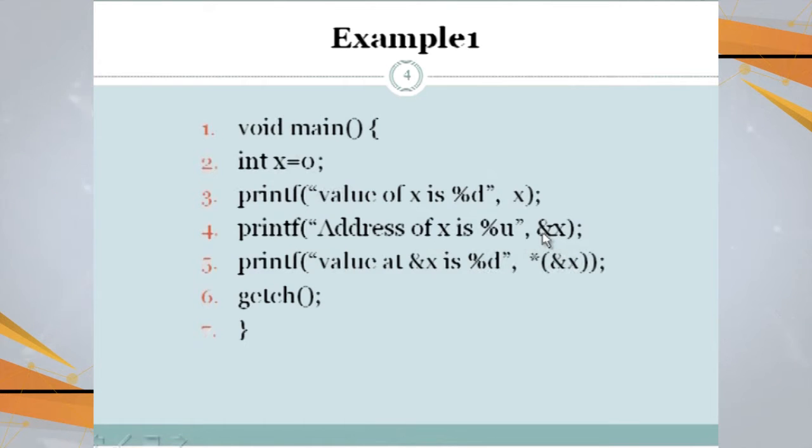Then the statement at line number 5 is a bit surprising. In this statement we have used star ampersand x. Ampersand x will return the address of x, and the star operator, called the value at address operator, will display the value at this address.